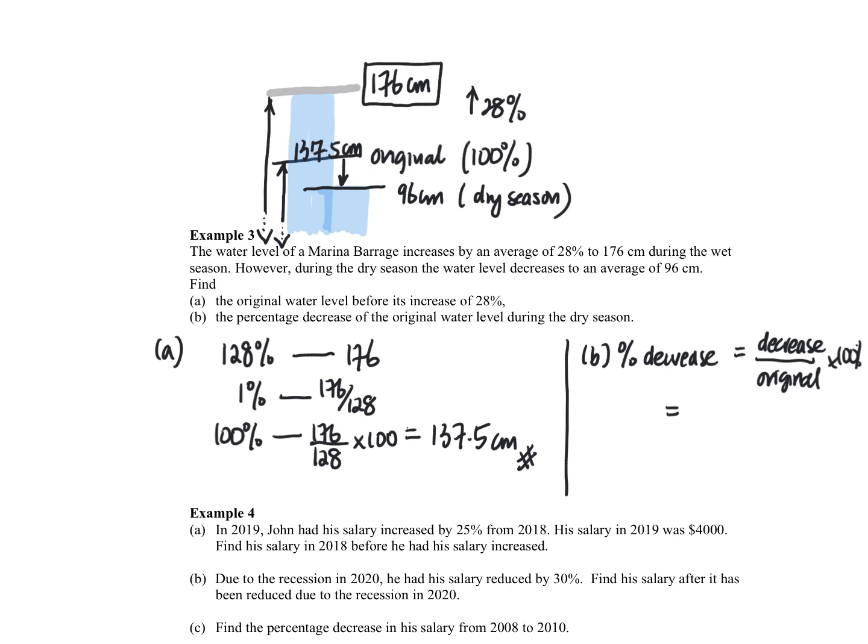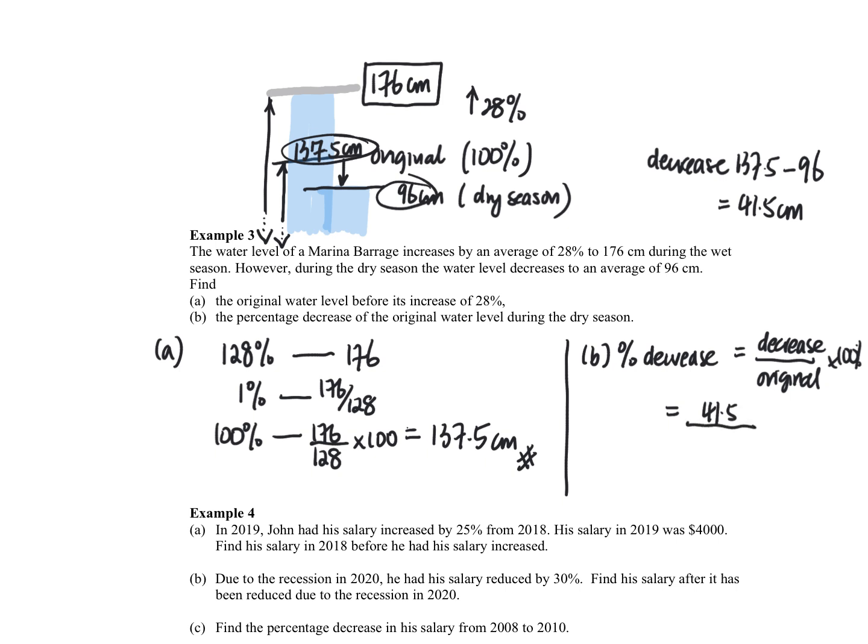I'm like rapping. Okay, so decrease by how much? This drops to this. So to find the decrease, you use 137.5 minus your 96. So it's 41.5 cm.